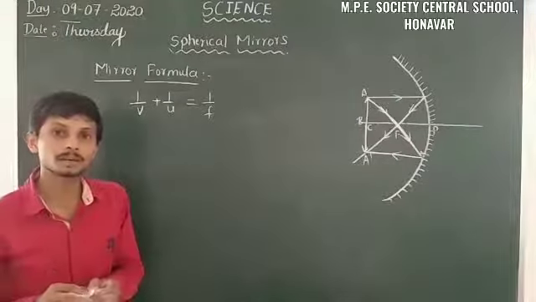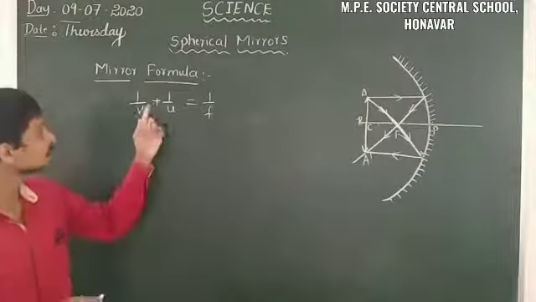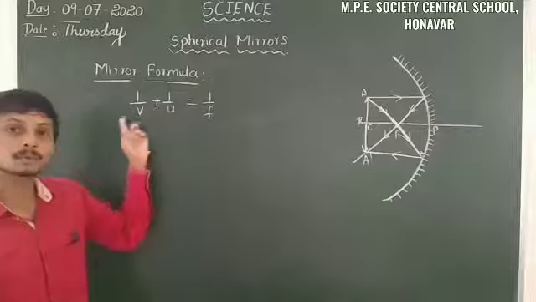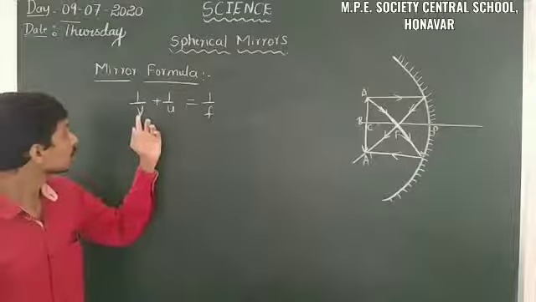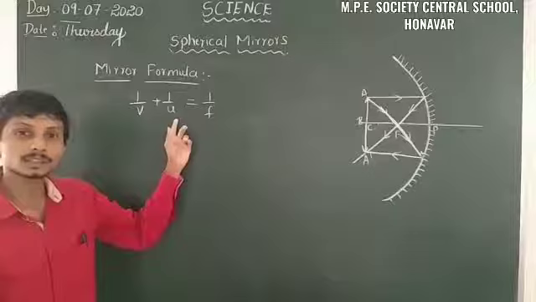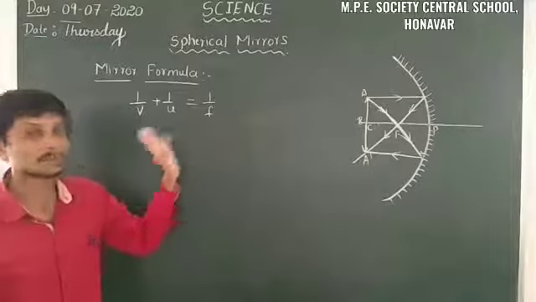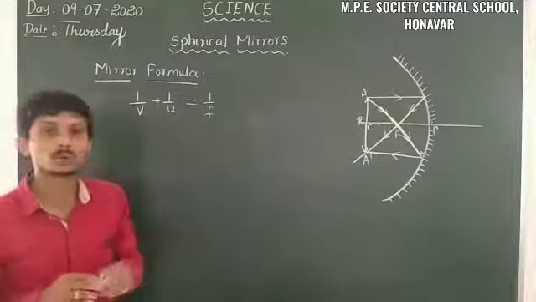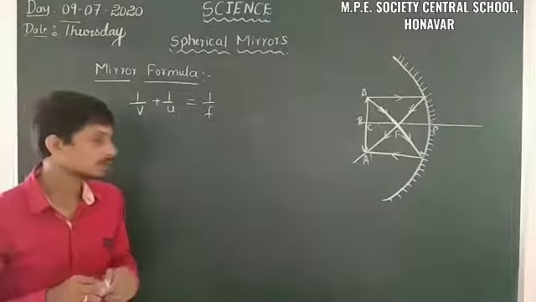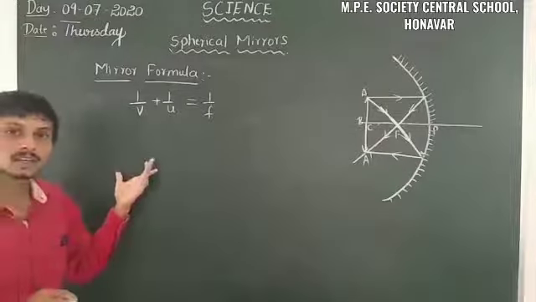After that we have to define it. How do we define it? It is the sum of the reciprocals of the image distance and object distance is equal to the reciprocal of the focal length.